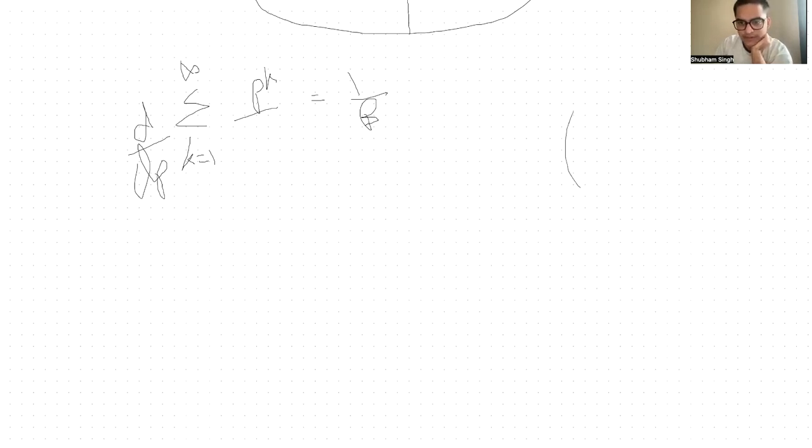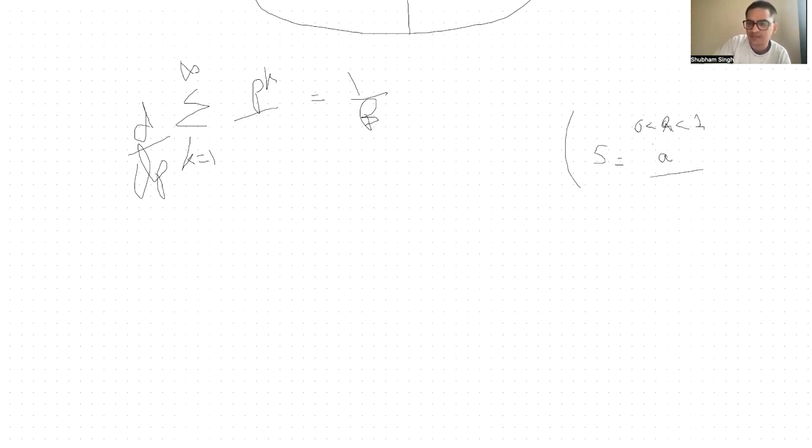This formula for the infinite sum is for a series that is converging, that is, where r is between 0 and 1.